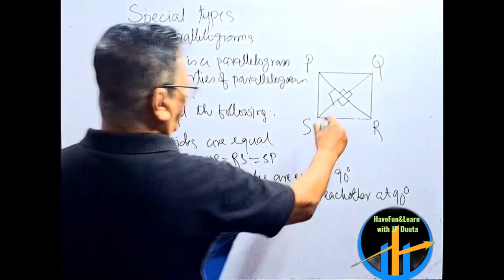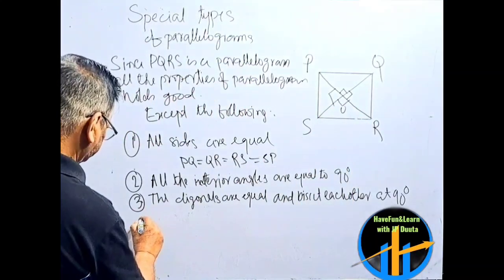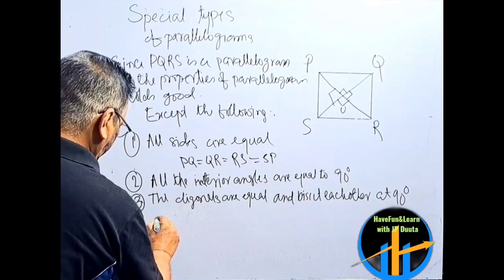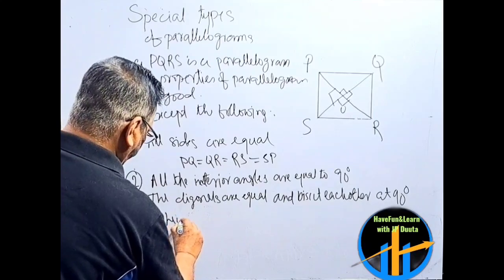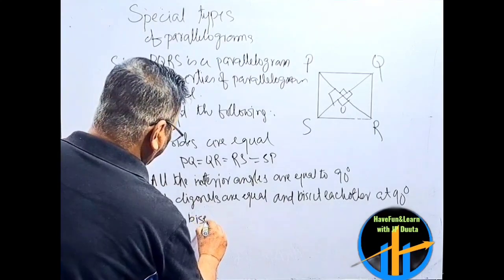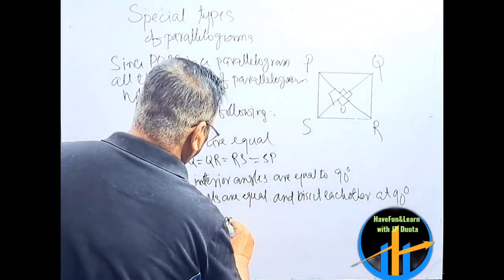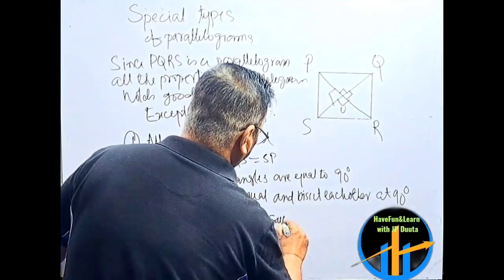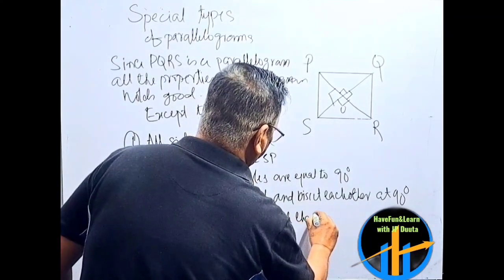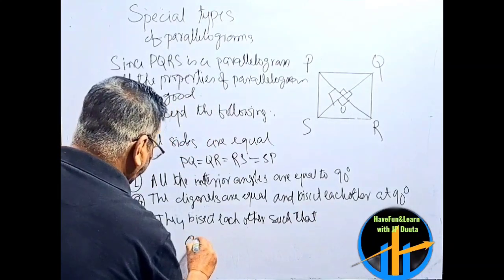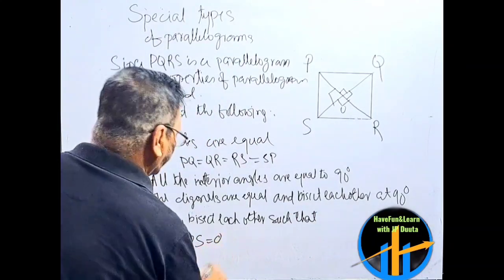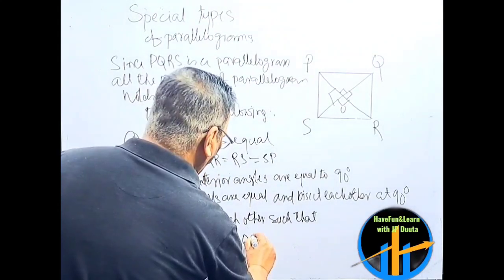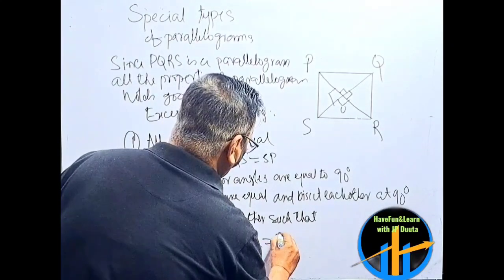Correct? Also, number 4, they bisect each other such that OS is equal to OQ is equal to OR is equal to OP.